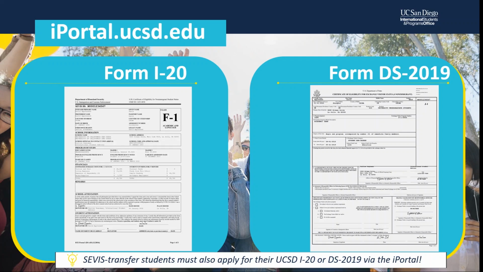Note that even if you are a transfer student, that is, you attended a U.S. high school or U.S. university, and you now wish to transfer your SEVIS record to UC San Diego, you will still need to apply for your Form I-20 or Form DS-2019 from ISPO in order to attend UC San Diego.